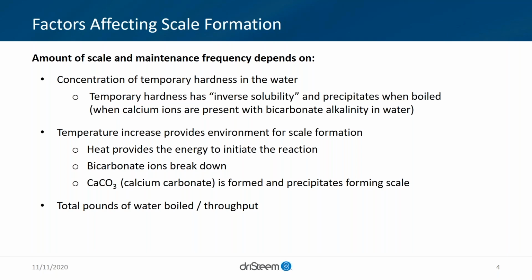So usually you'll see scale fall on the hottest surface of any type of heat exchanger where the most heat is being released or exchanged. Thinking the exact opposite, as we talk about solubility, adding sugar to your tea or your coffee is the exact opposite of what happens for scale formation on heat exchange surfaces.